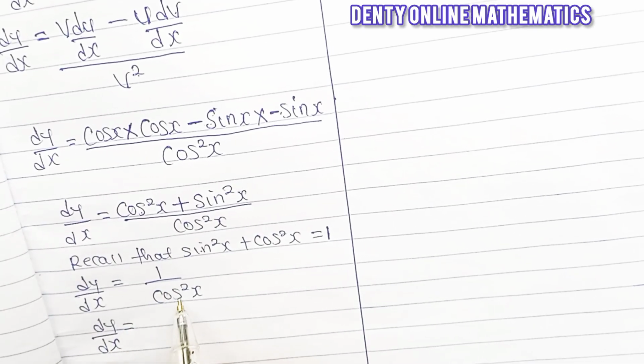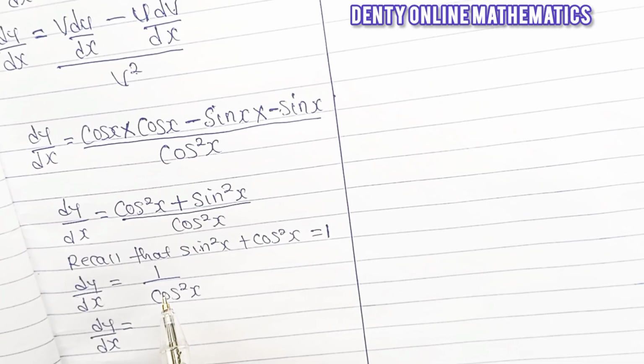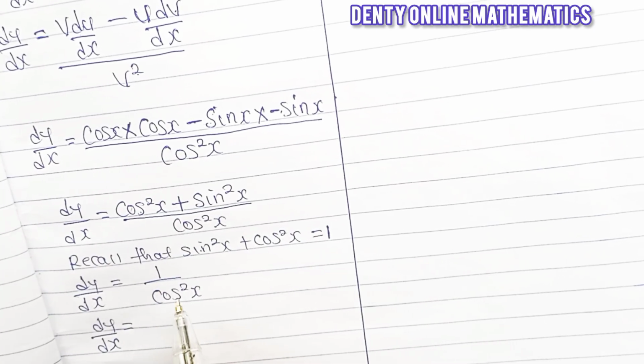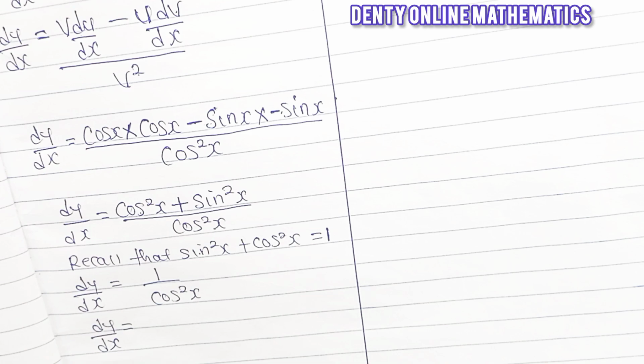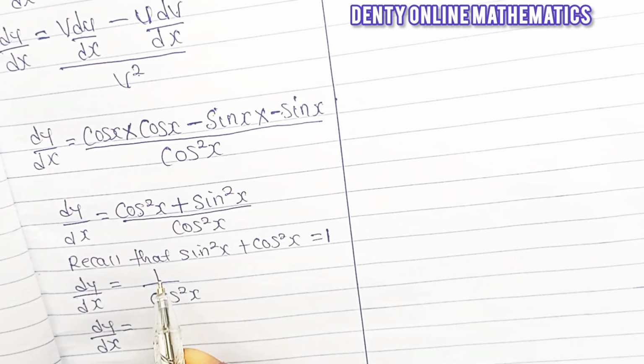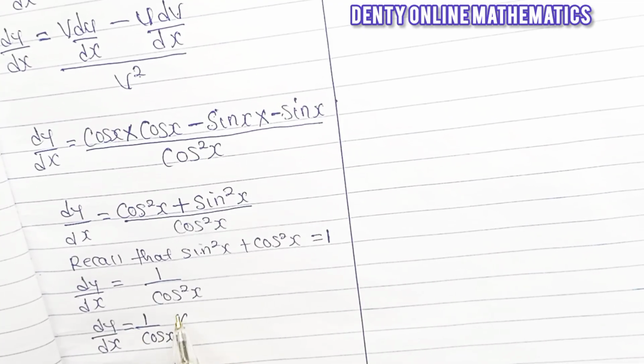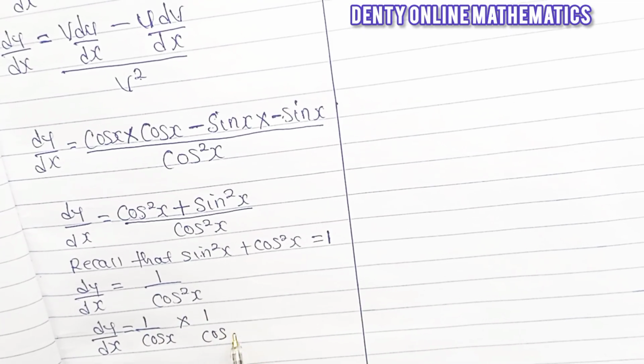Now the inverse of cos is sec. So if you're taking the inverse of cos squared x, you're going to have sec squared x. But I'm going to break it down so you guys will understand better. So 1 over cos squared x will be 1 over cos x times 1 over cos x.